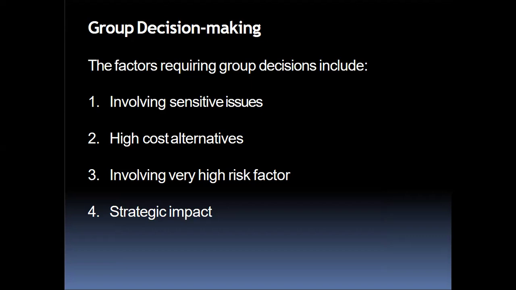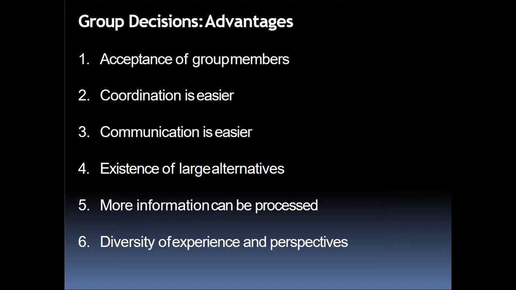Then take enough risk to eliminate the wrong alternative by selecting the right one, and try to be stronger from a strategic point of view, that is, fixing the direction and proper planning in selecting the right alternative according to the goal fixed by the company. So these are the main things to be considered in group decision making.